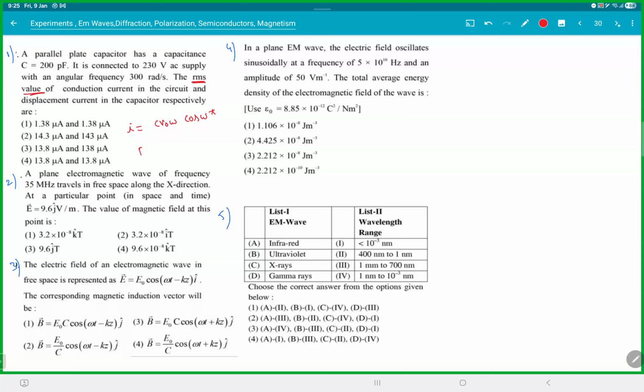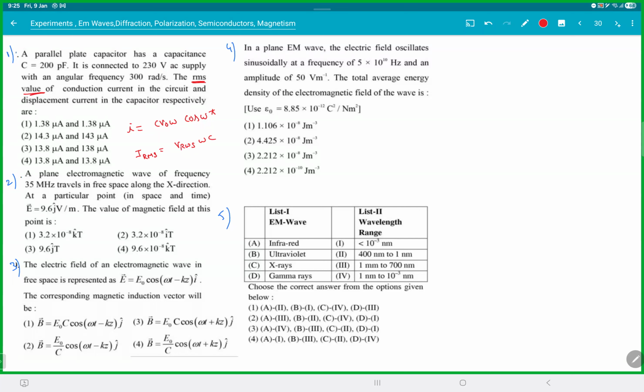So the RMS value will be CV naught omega by root 2. But actually this 230 is also RMS only, so you're kind of safe. V RMS omega C. You can actually do it from the AC circuit, isn't it? V RMS by impedance Z will give you the current. That is what is being asked.